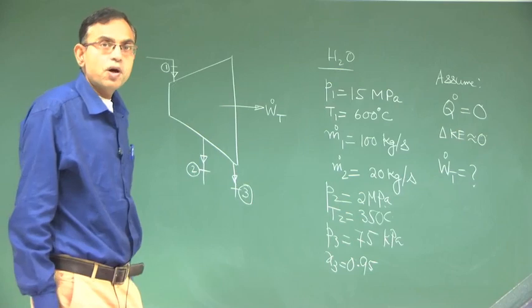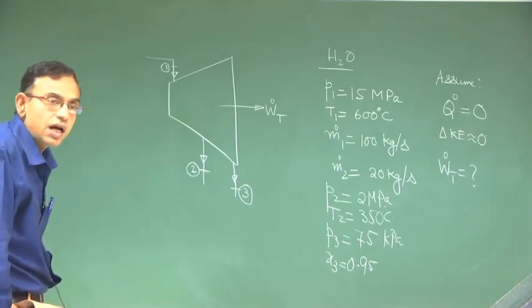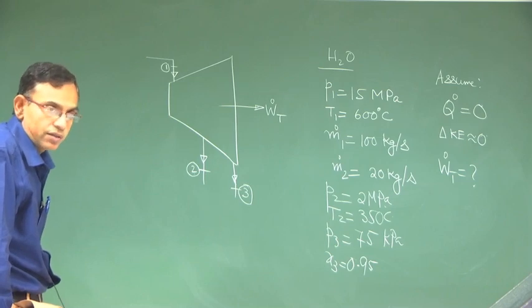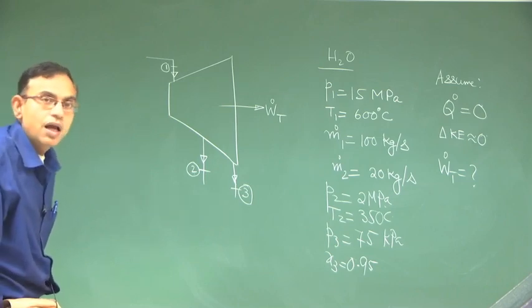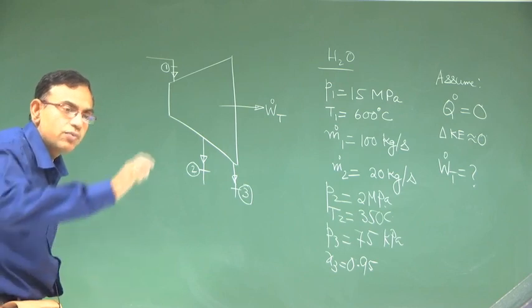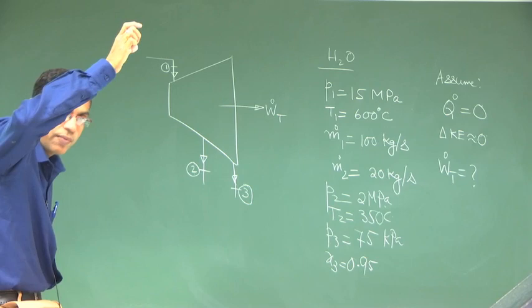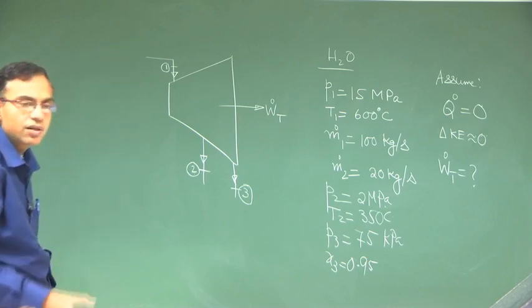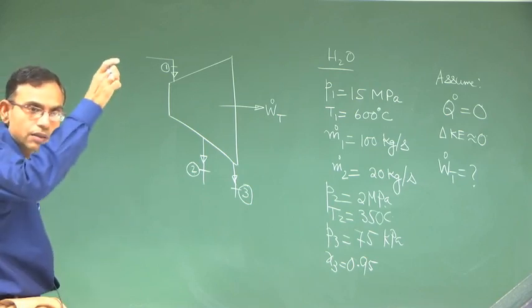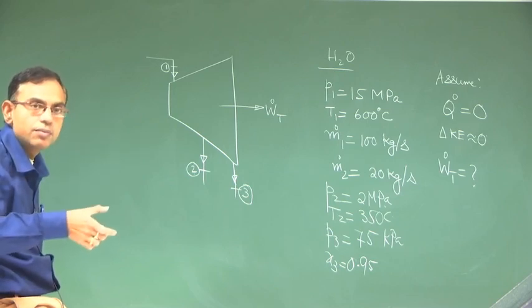There are such problems where changes in potential energy are important. For example, had it been a water turbine where water is falling from a high altitude on the turbine blades.